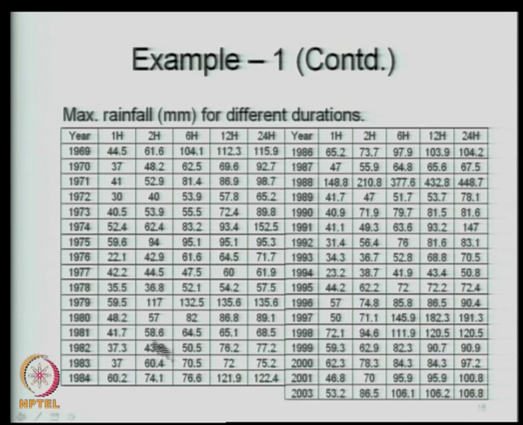So, this constitutes the series of maximum day rainfall for different durations. So, for 1 hour you have a series, for 24 hours you have a series and so on. So, for a given duration you have the series. Every series will have 1969 to 2003, those many values now.